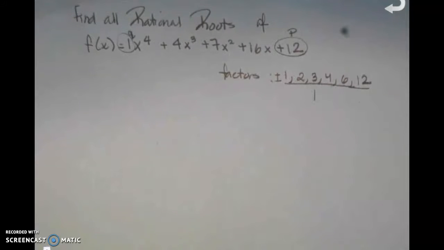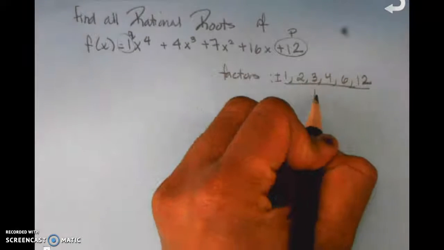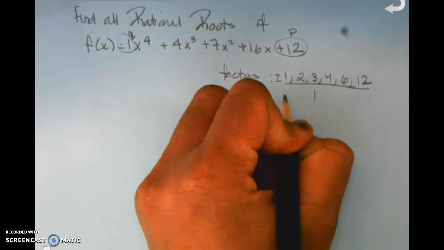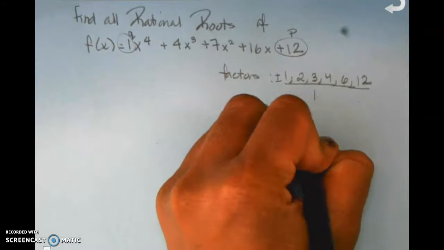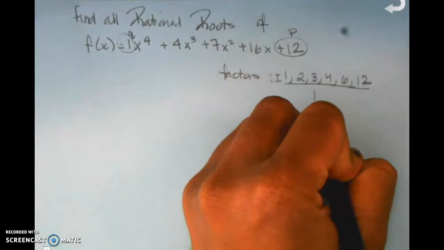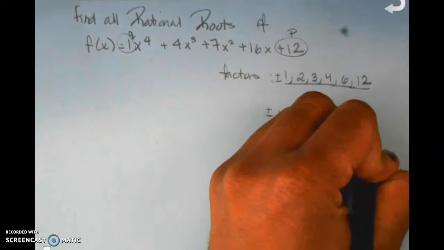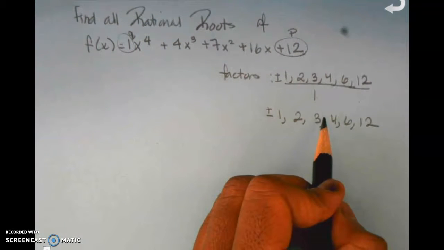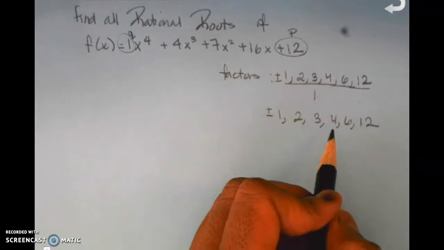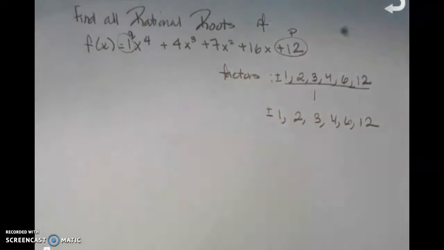So because we just had a 1 for the q, it's just 1 over 1. So it's 1. 2 over 1 is 2. 3 over 1 is 3, 4, 6, and then 12. I don't really have to make them fractions because it's just over the number 1. These are the list of possible rational roots.